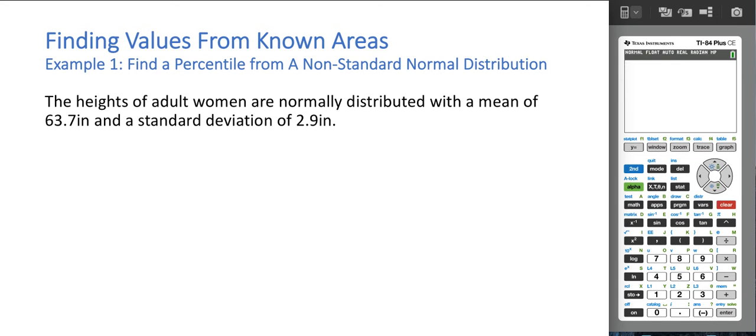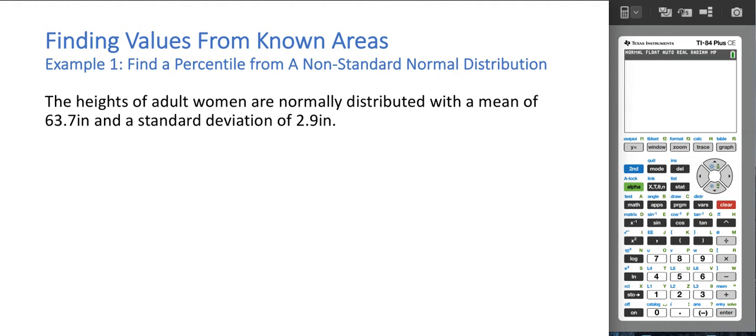So for example, if we want to find a percentile from a non-standard normal distribution, let's look at an example of that. Non-standard, remember, means that the mean isn't 0 and the standard deviation isn't 1.